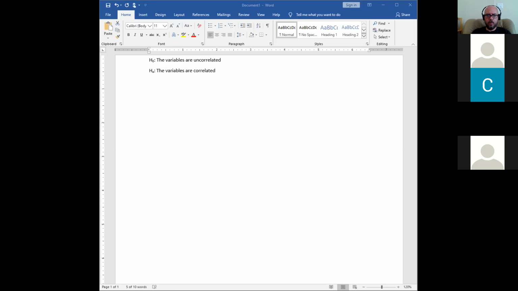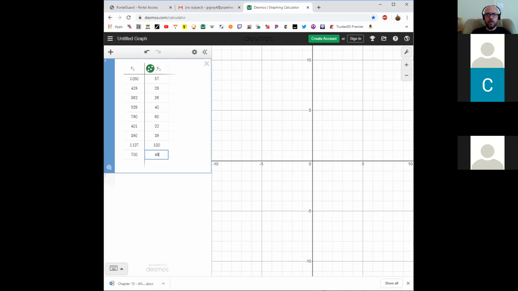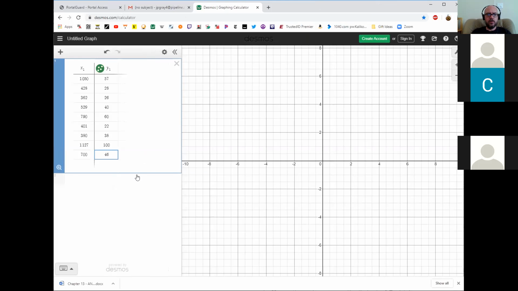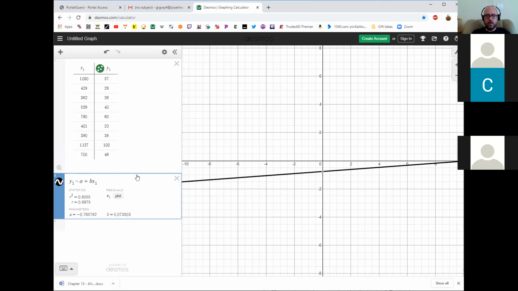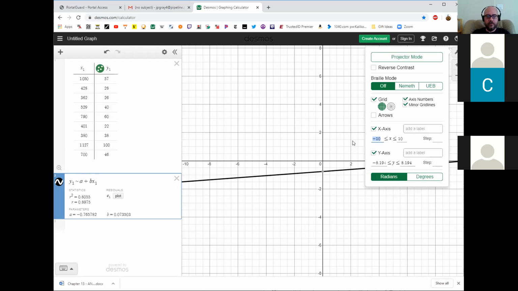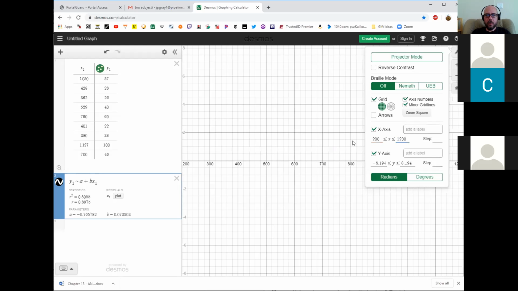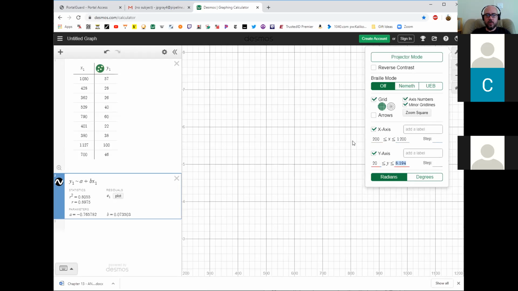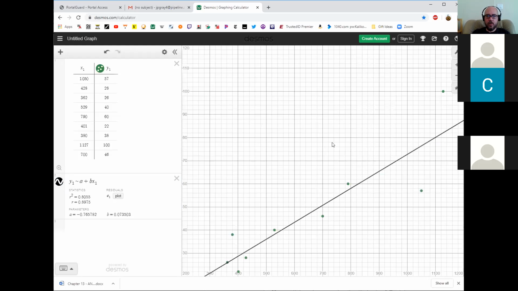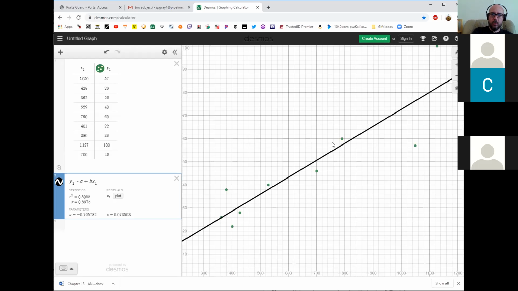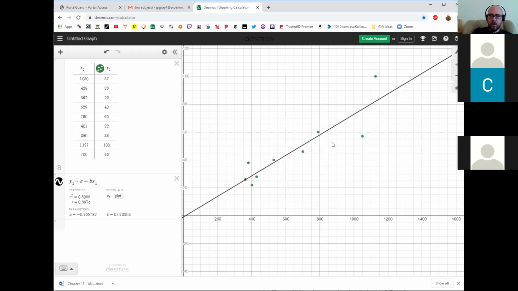So I'm getting the x's going from like 200 to 1200, and the y's going from like 20 to 120, something like that.